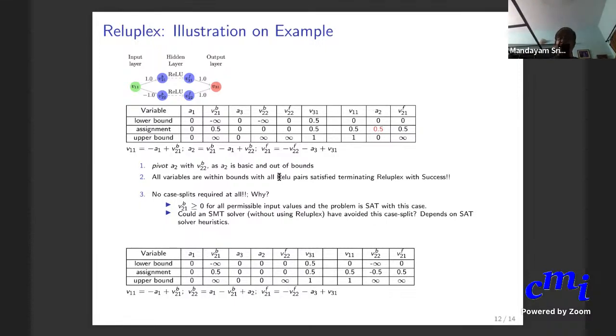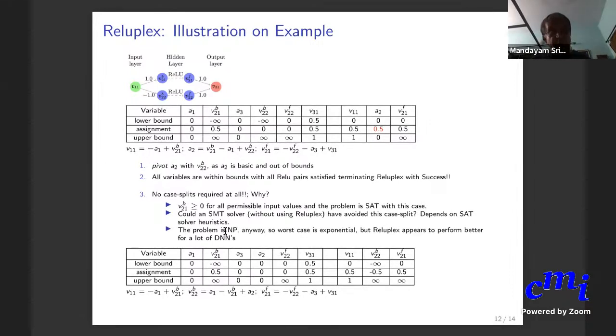And by taking care of the need to propagate these constraints lazily within simplex itself, you're able to reduce in a lot of cases the number of case splits.